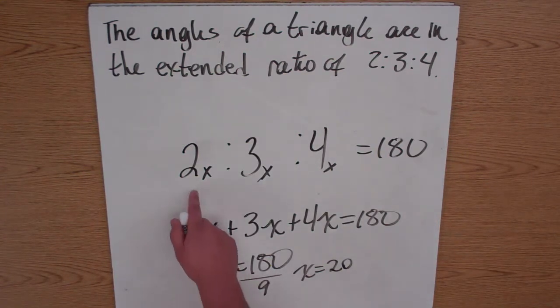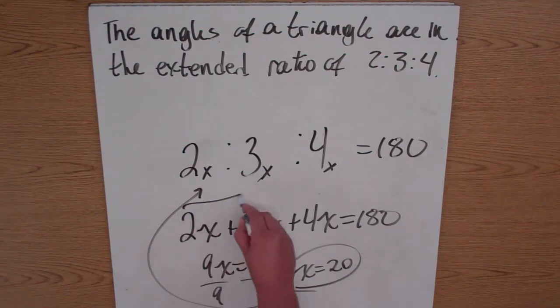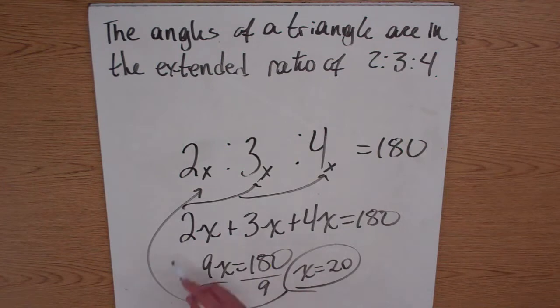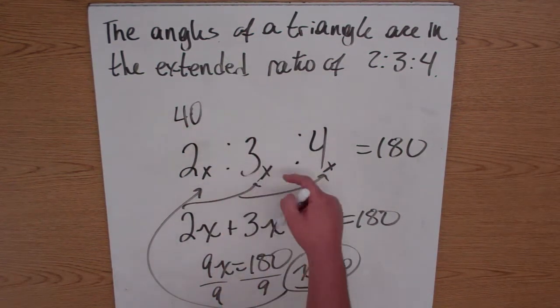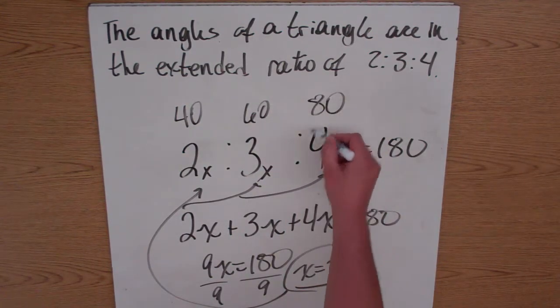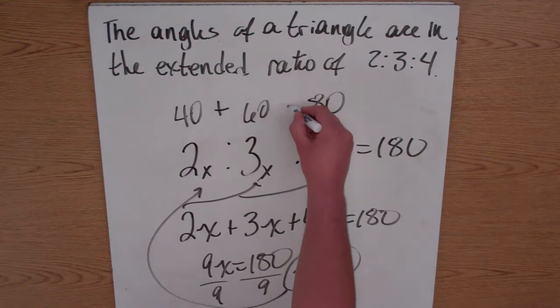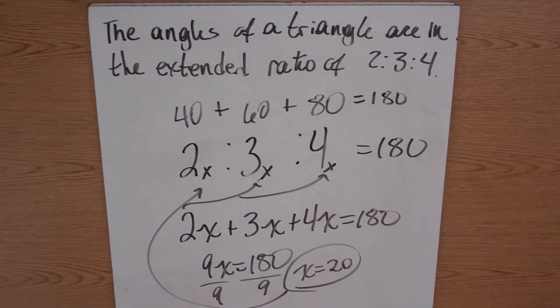Now, if I asked you what are the three angles? Well, we just found x is 20, so just plug it in. 2 times 20 is 40, 3 times 20 is 60, 4 times 20 is 80, and then 40 plus 60 plus 80, there you go, 180.